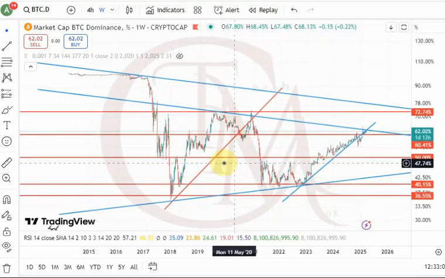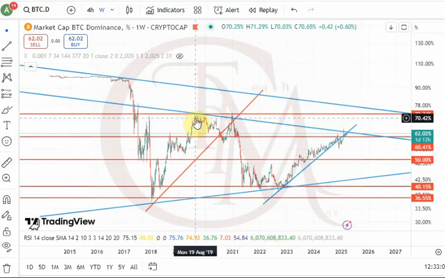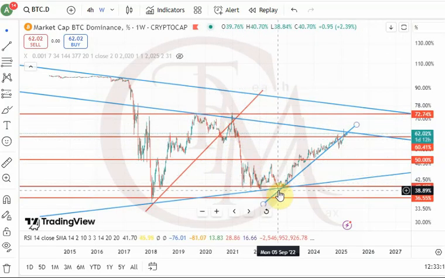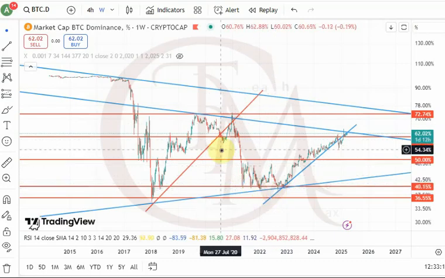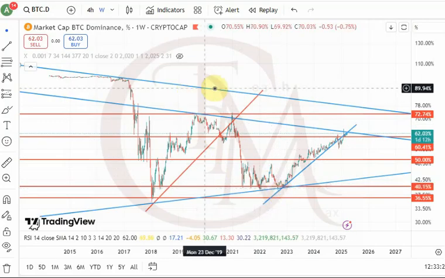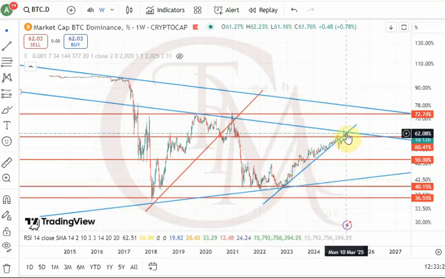In 2020 to 2021, Bitcoin dominance again fell from 70% to 40%, and this coincided with Bitcoin's growth from 20,000 to 65,000. With the start of Bitcoin's decline, Bitcoin dominance has increased again to its current level of 60%.